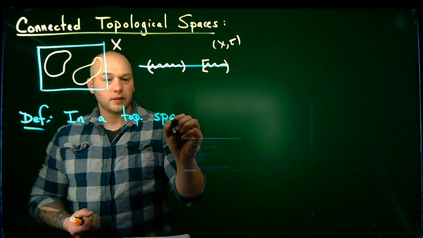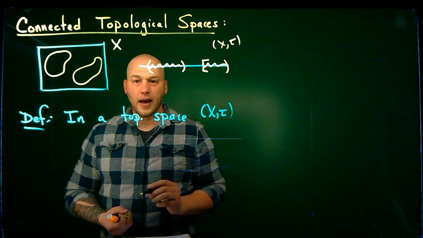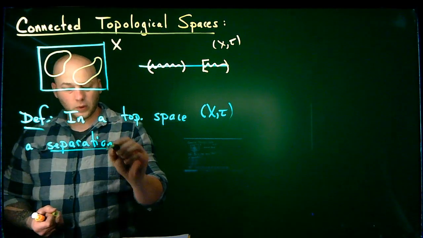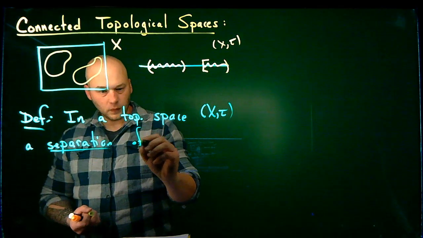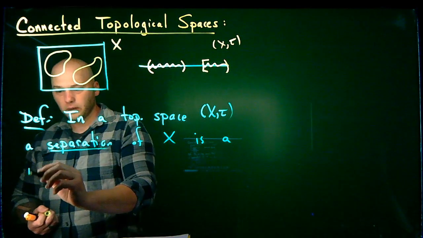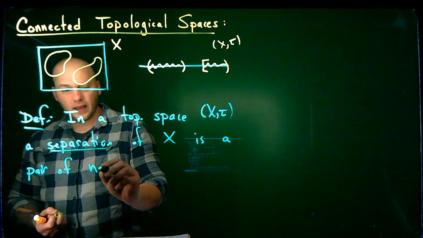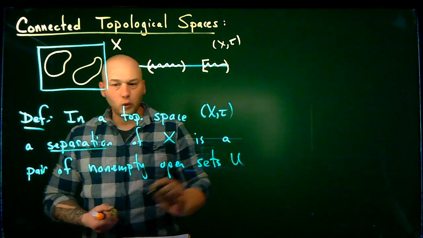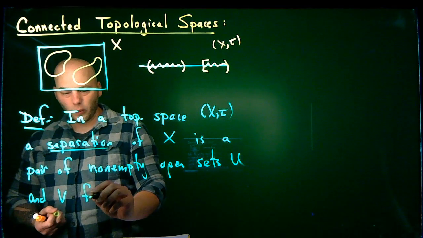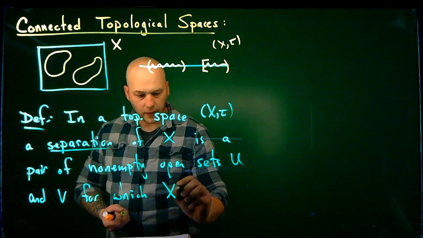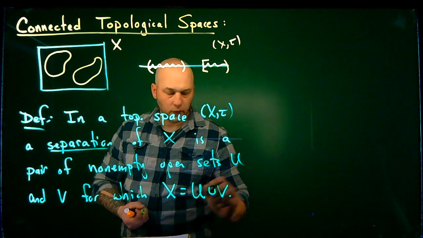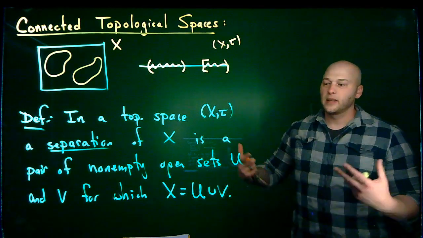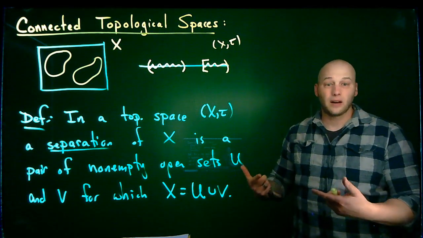In a topological space (X, tau), a separation of X is a pair of non-empty open sets U and V for which X is the union of U and V. So a separation is a disjoint union of non-empty open sets that generates the whole underlying set of the space. Okay?